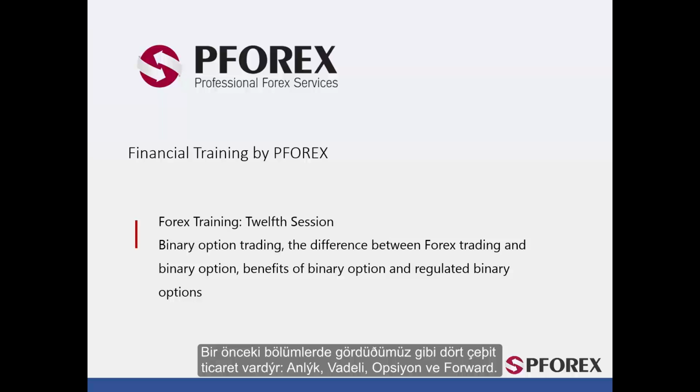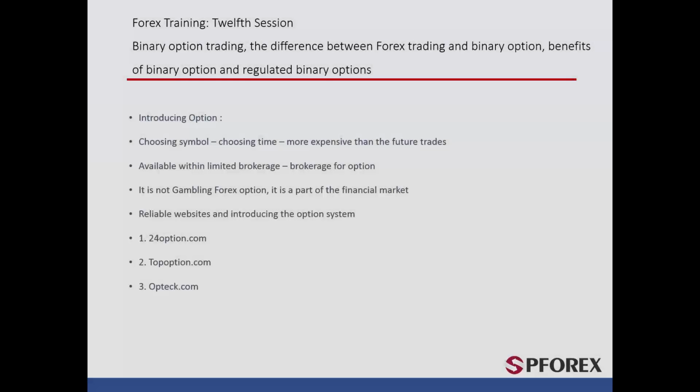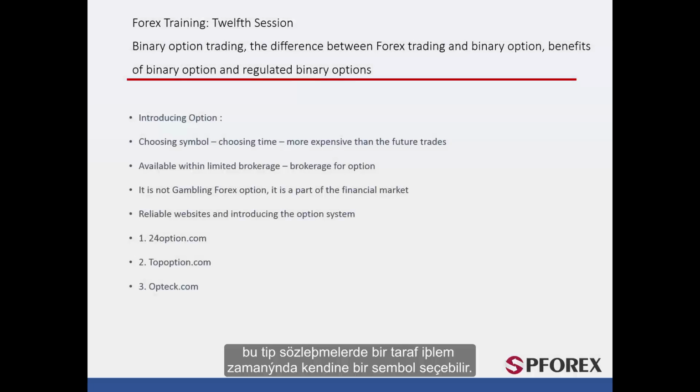As we discussed in the previous sessions, there are 4 different types of trade: spot, future, option, and forward. Introducing option. Now let's talk about option trades. In these contracts, a party can choose the symbol and time of the transaction.